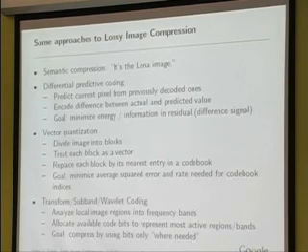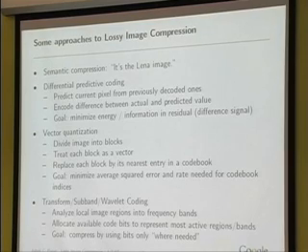Another technique, or general class of techniques, is transform coding. And here we analyze the image into a set of frequency bands. And we will allocate the available bits we have to those bands that are most important. And we can do this differently from region to region.